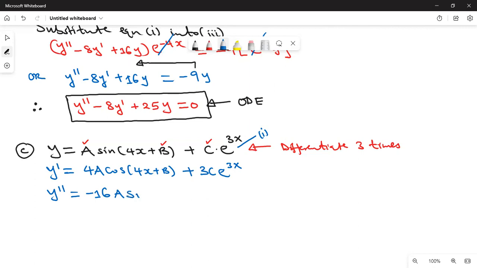That should be now sine of 4x plus b, then plus 9c exponential 3x.